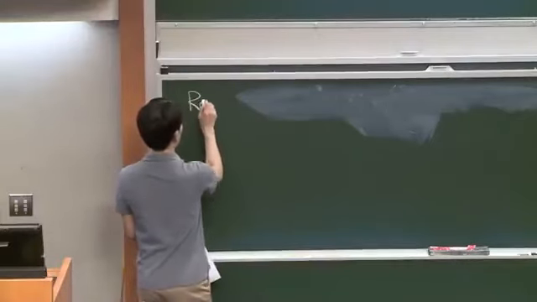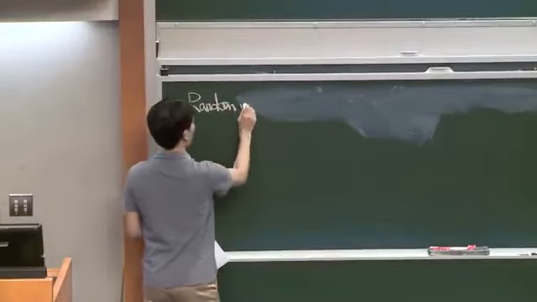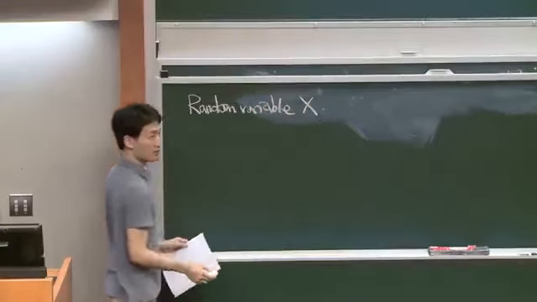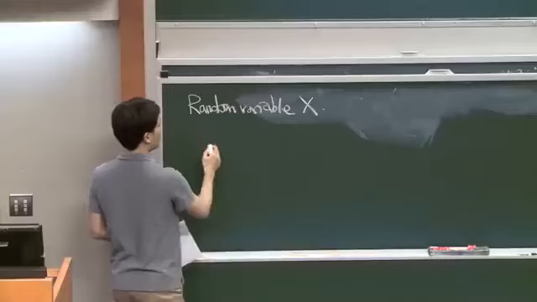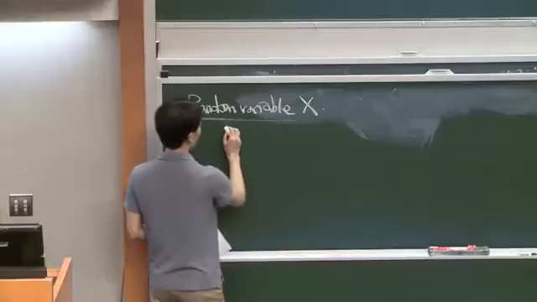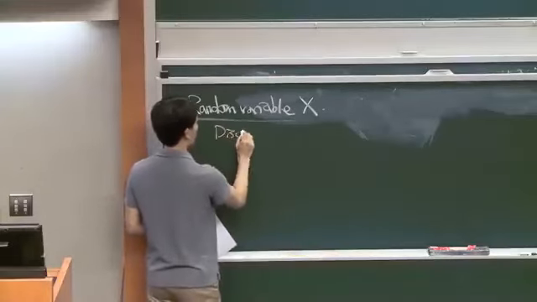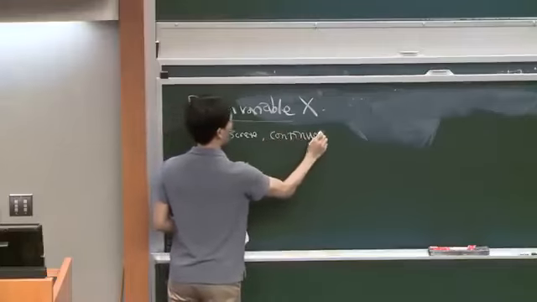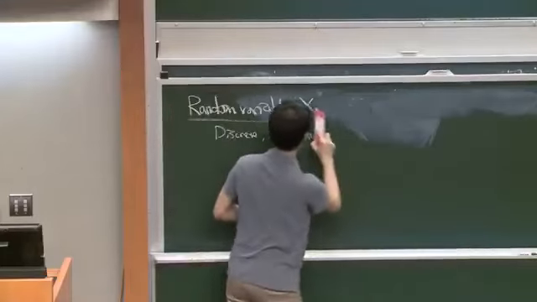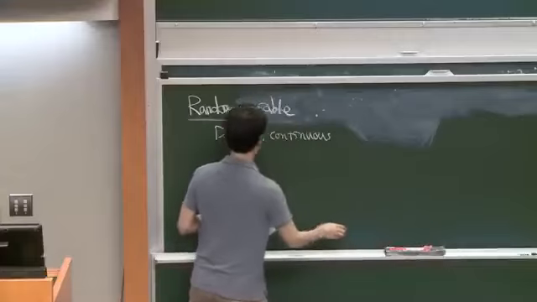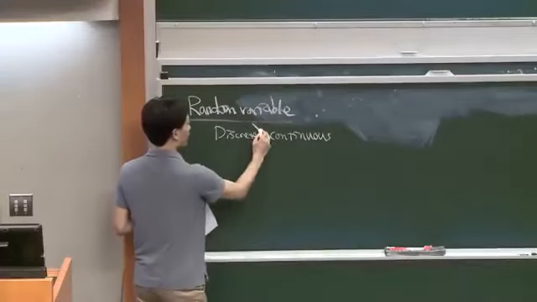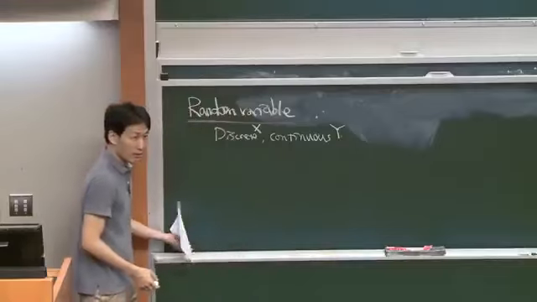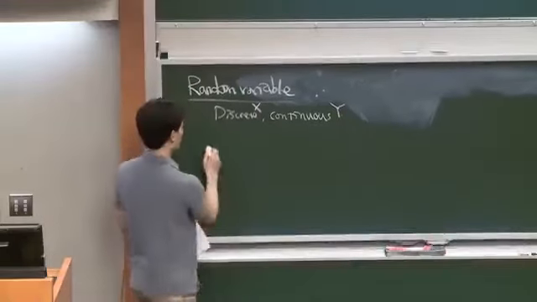So a random variable X. We will talk about discrete and continuous random variables. Just to set up the notation, I will write discrete as X and continuous random variable as Y for now. They are given by their probability distribution.